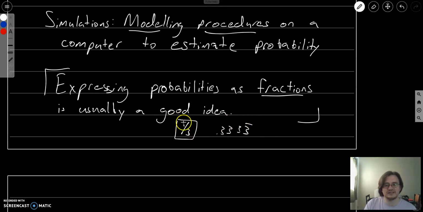We're going to recognize this as the probability that something occurs is going to be 1 out of every 3 times. Decimals are harder to understand, and quite often we will round them either to 2 or 3 places, at which point, because we rounded, this is not exact anymore. We've left off a lot of 3's off of the end. So using fractions when dealing with probabilities is usually a good idea. It's not always the case, but as a rule of thumb, keep things as fractions.